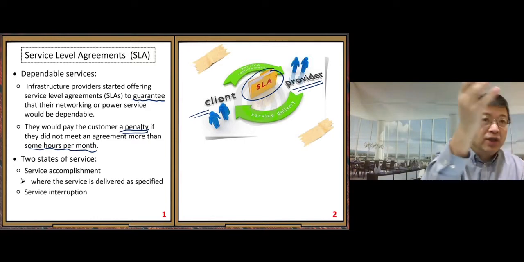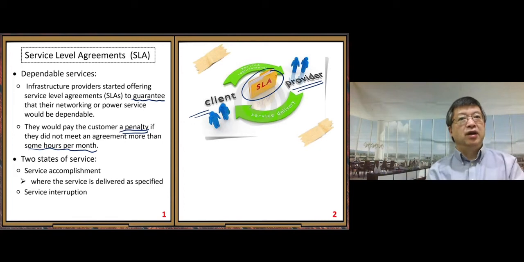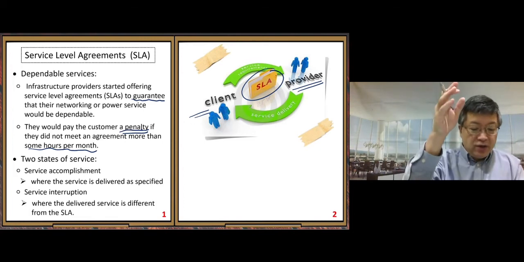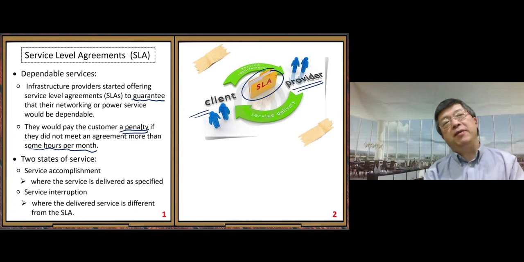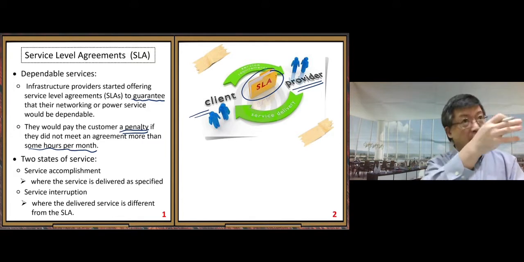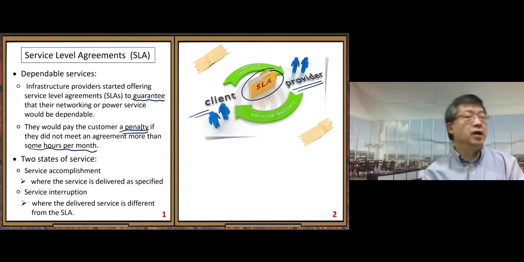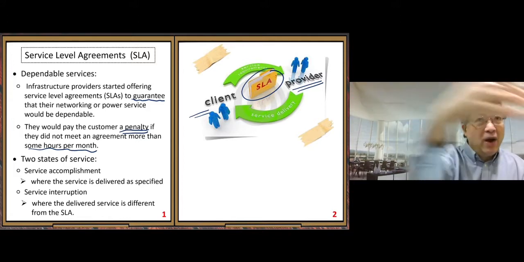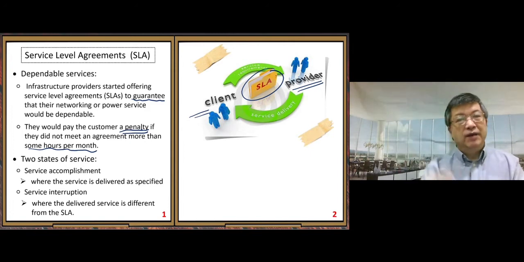Called a service interruption. So where the delivered service is different from the SLA. Different, that part, what you should do, the penalty, right? All the details should be specified. All right. So that's the background of this.